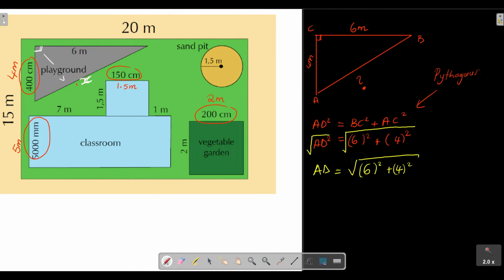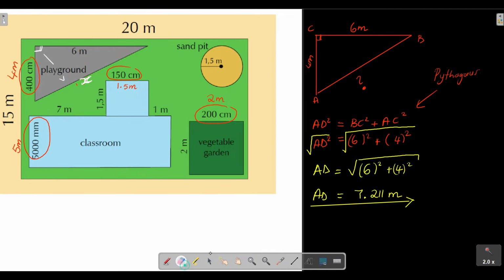If you punch that into your calculator and press the S-D button, you'll find that the length of side AD is 7.2. I'm going to round it off to 3 decimal places: 7.211 meters. So that is the length of that side.